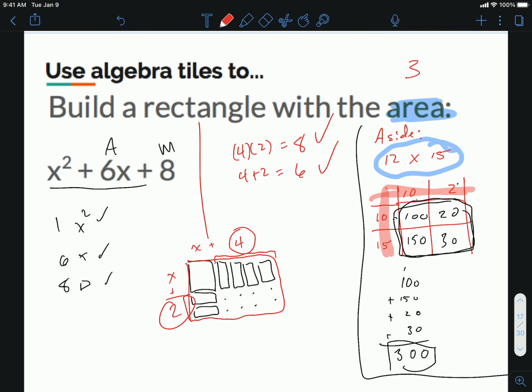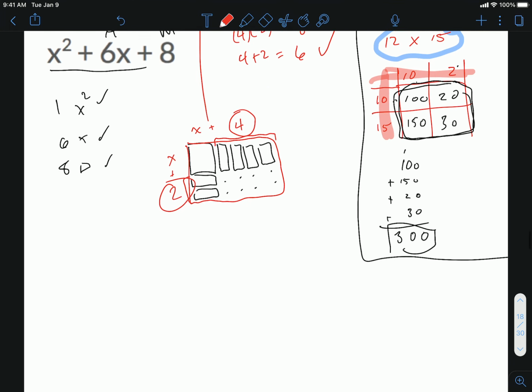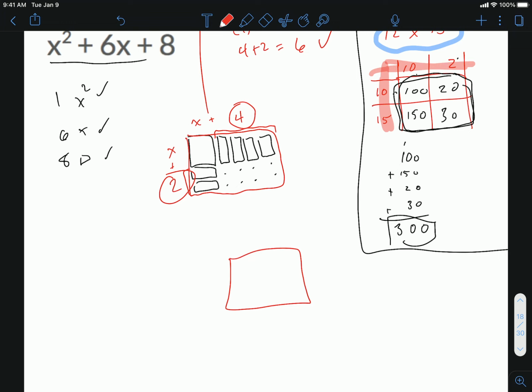That's hard to do, because there might be a few different answers to get to 300. If I was to build an area of 300, it's kind of hard to come up with what the length and width are. You could have a couple of different answers, right? Same thing's true here. If I just ask you to write the area out inside of a table like this, that's tough. There's a way to do it, right? It's tough.